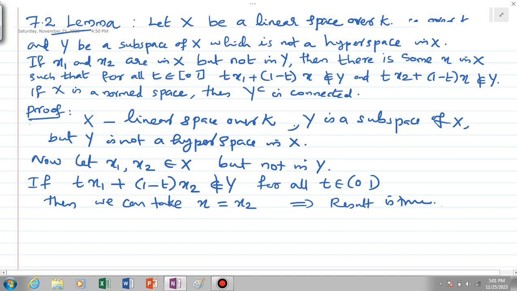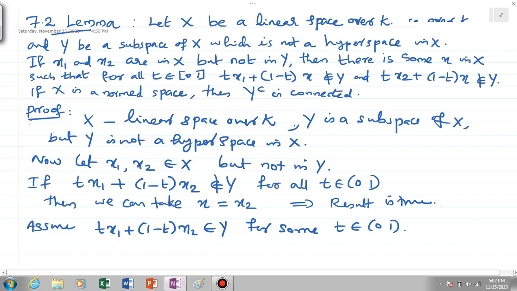If this is not the case, then what happens? Assume t x1 + (1 - t) x2 is an element of Y for some t element of the interval [0, 1].